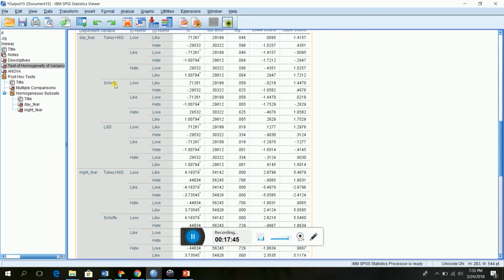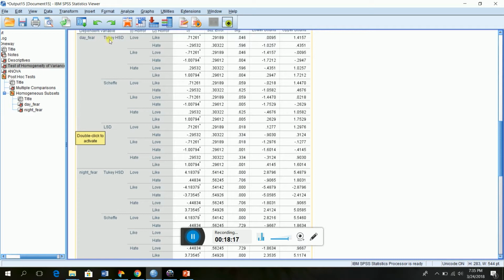If, on the other hand, Scheffé does not give you that pattern of results, then look at Tukey. And if Tukey doesn't give you the pattern of results you're looking for, then look at LSD. But keep in mind, once you choose a post hoc test for this daytime fear condition, you have to use the same post hoc test for the nighttime fear condition. Fair is fair. All right, for this demonstration, we're going to actually look at Tukey.